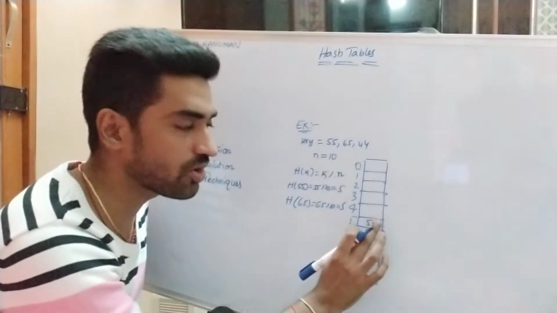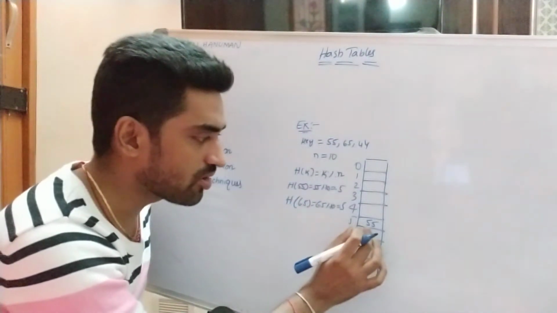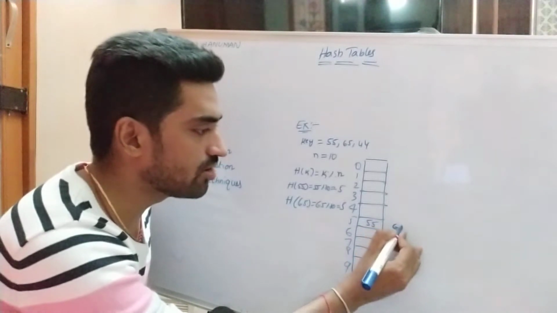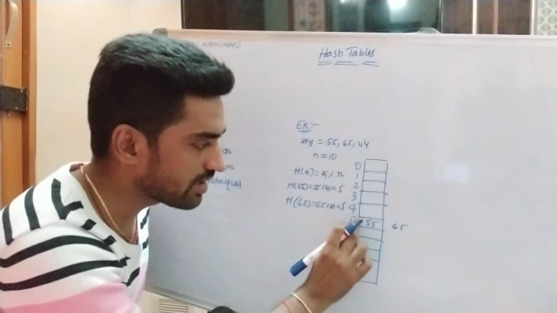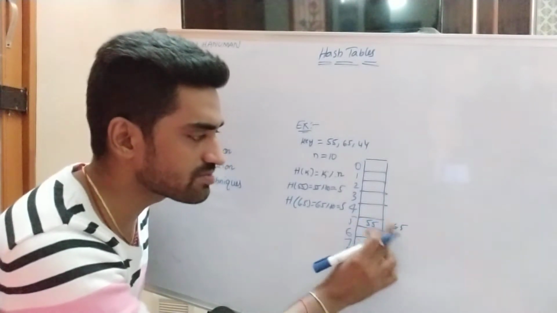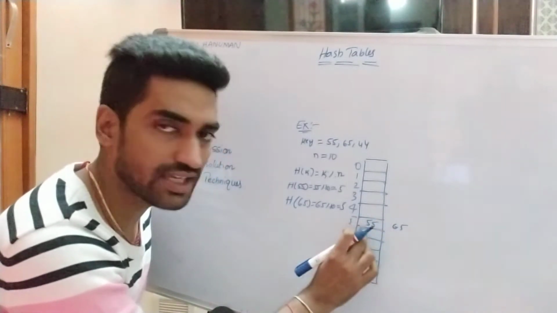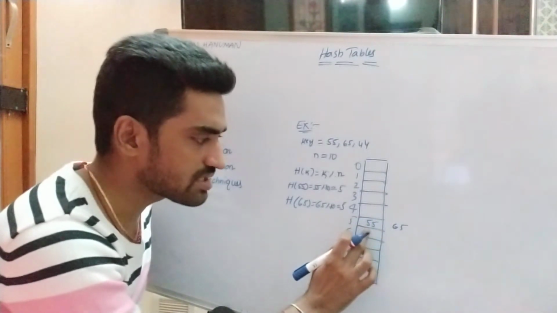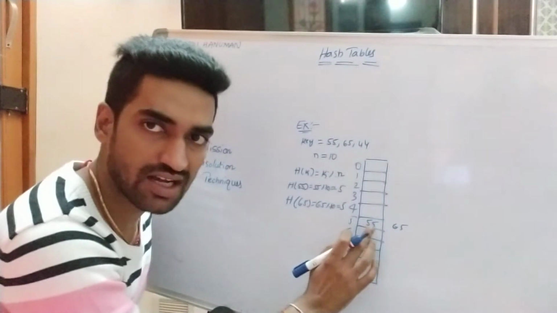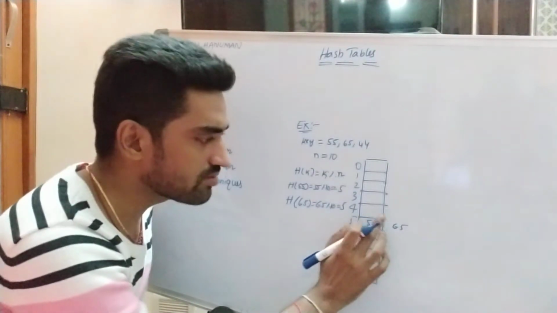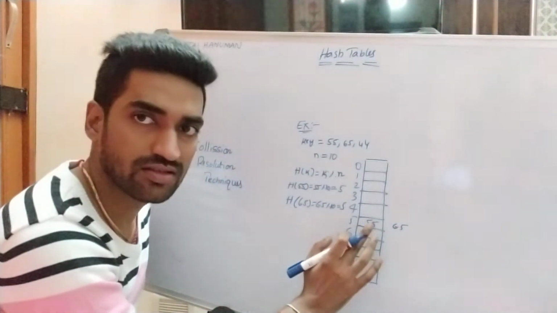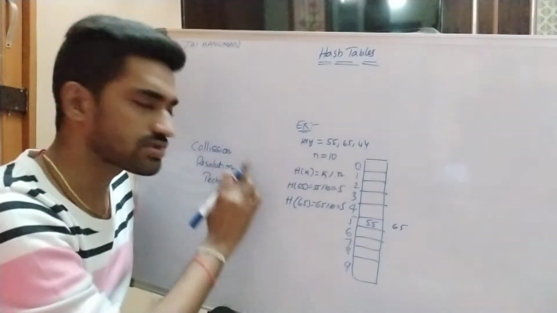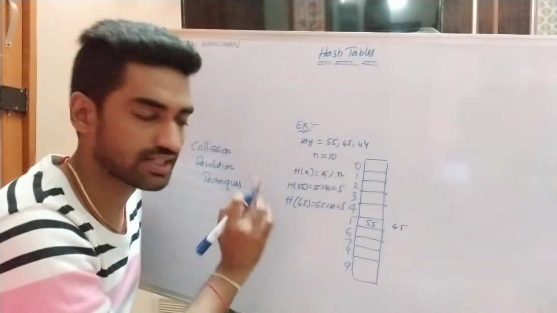So here a problem occurs. That problem is called the collision problem. The same position is occupied by more than one key element, and in such cases a collision occurs. To resolve these problems, data structures introduce collision resolution techniques.